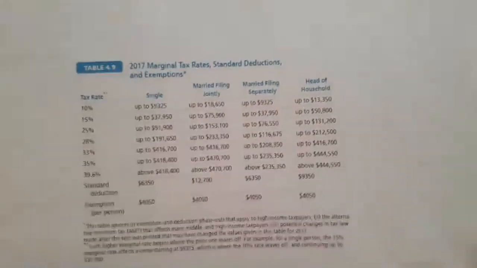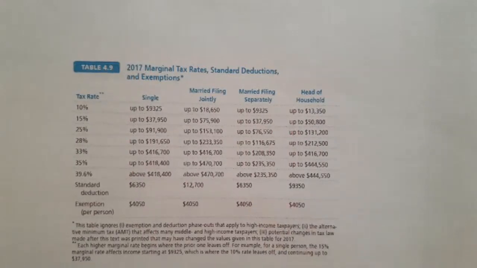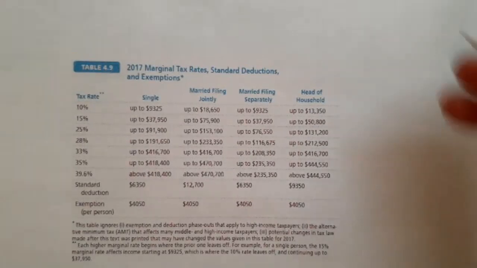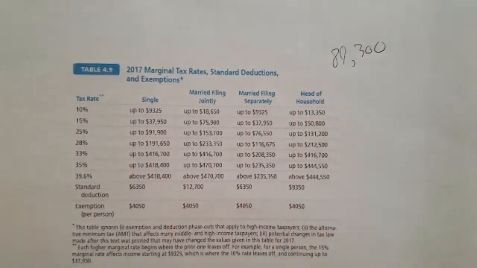And so if I want to do head of household, I'm looking down this column and I'm thinking of the number 89,300. And so if I'm thinking about 89,300, what's his marginal tax rate? What's the highest bracket we're going to go up into?